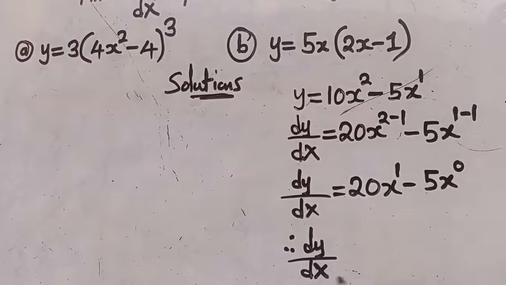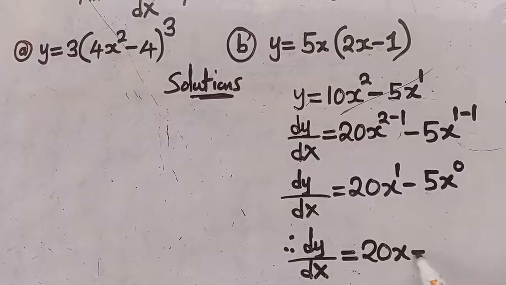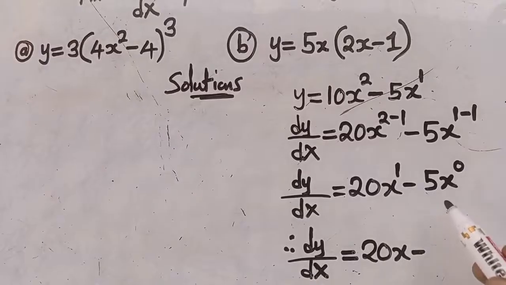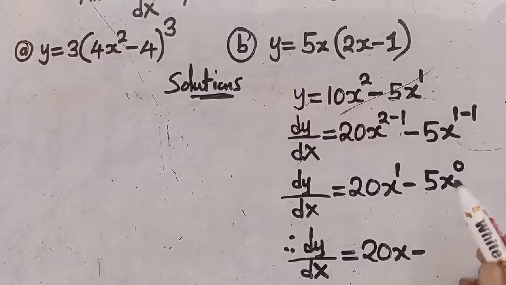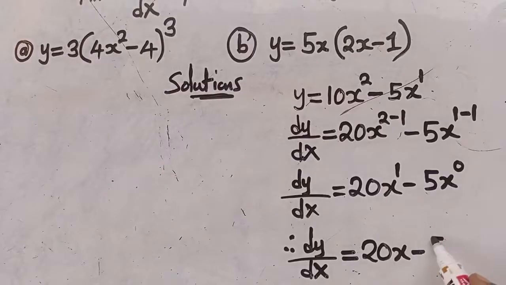So therefore dy/dx is equal to 20x minus 5 times anything to the power 0. I told you to say it is what? 1. So 5 times 1, it is just 5.